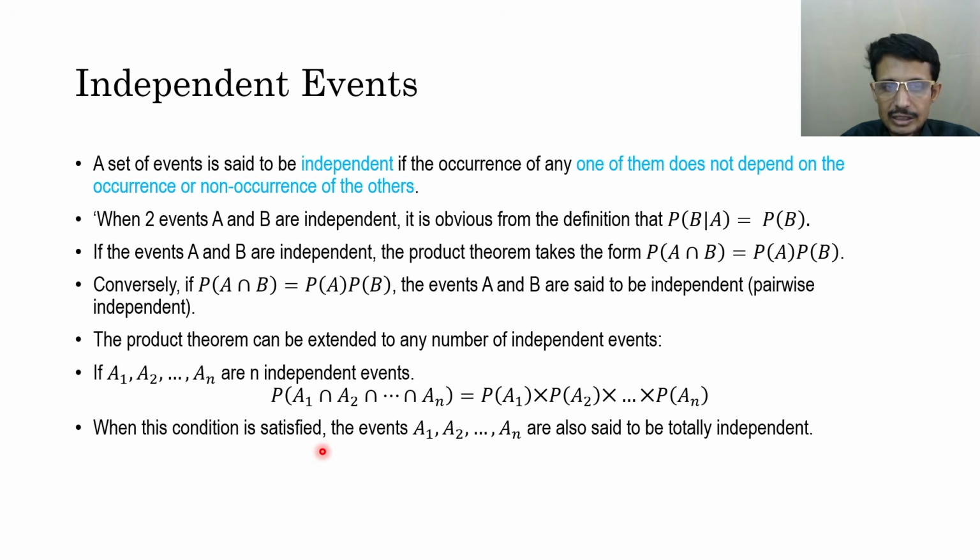When this condition is satisfied, then events A1, A2, up to An are also said to be totally independent. So this is a very important concept that we will frequently visit in our lectures.